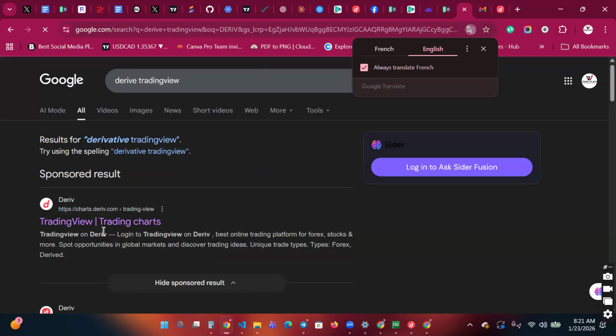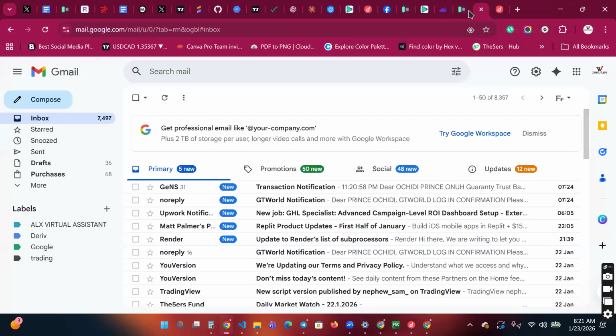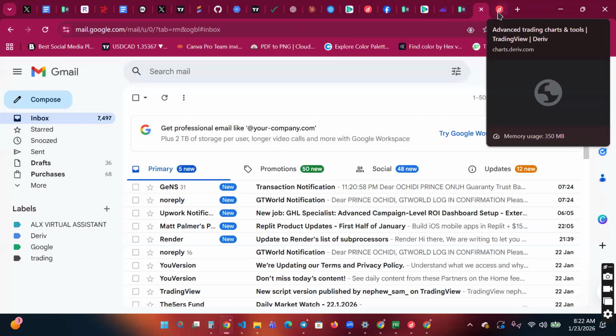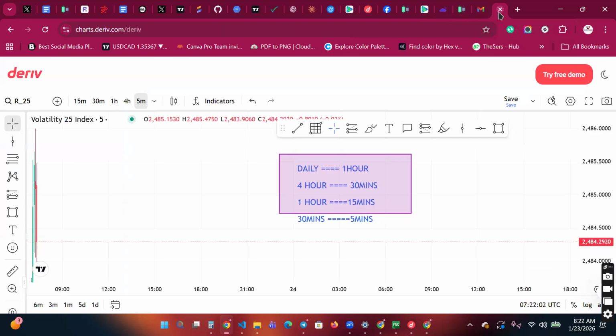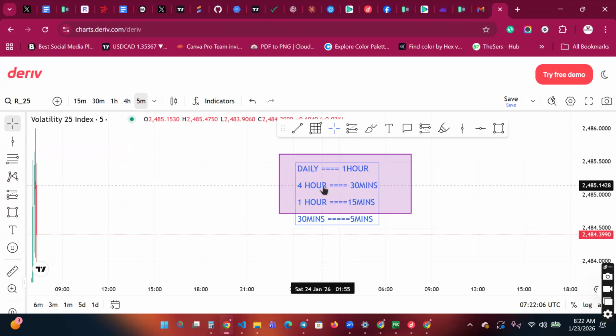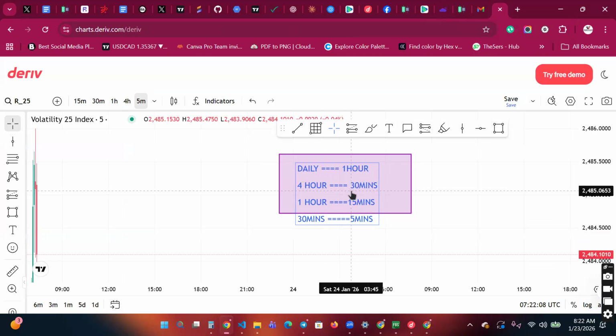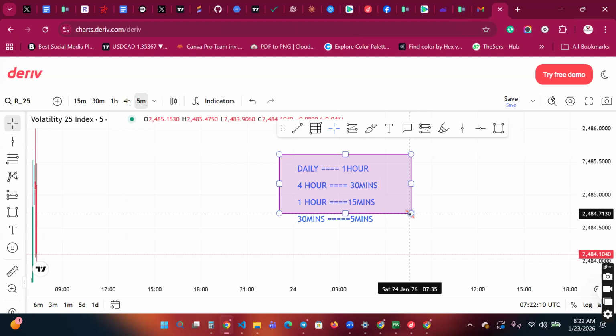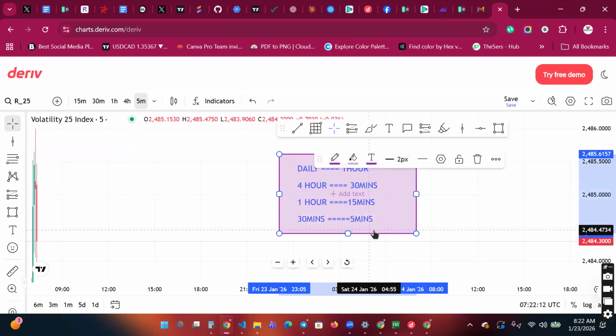Then look at it here. I think the first one that shows with charts. All right, there's the Deriv TradingView. All right, so daily 1 hour, 4 hour 30 minutes, 1 hour 15 minutes, 30 minutes 5 minutes.